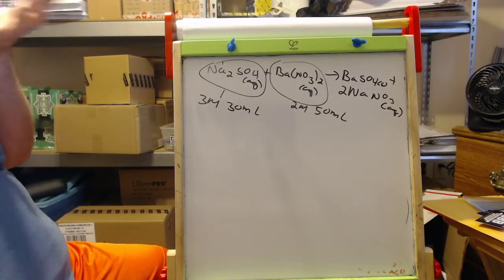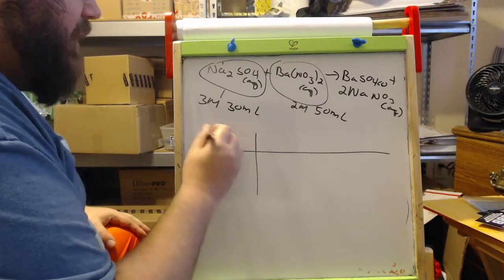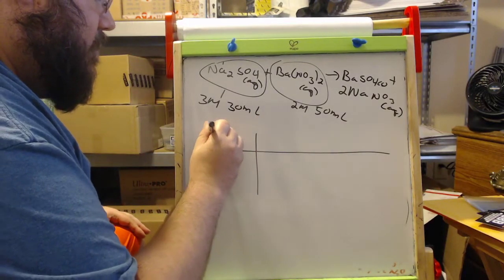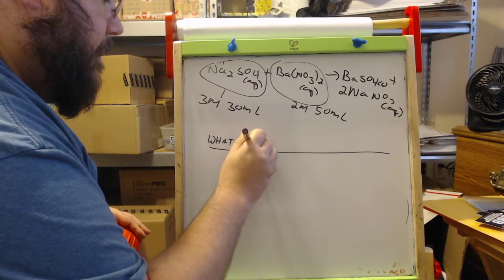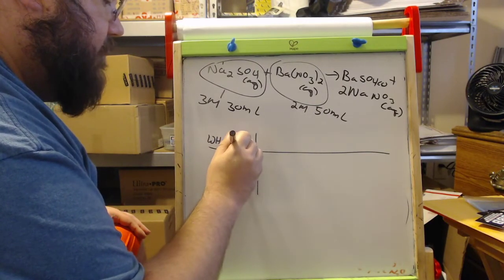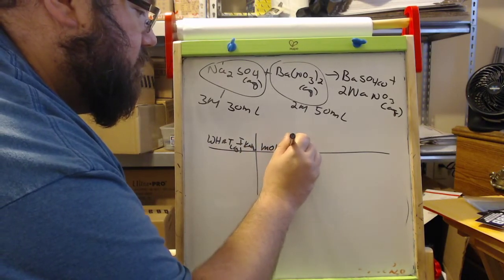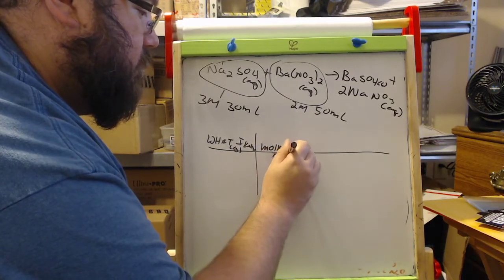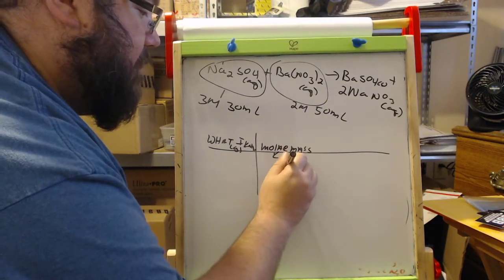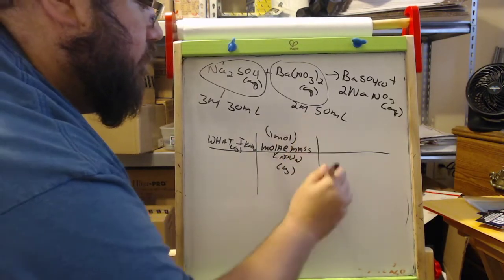Now, don't freak out, okay? Here's our map again for the 100th time. Grams of what I know: molar mass of known, grams on the bottom, 1 mole on top.